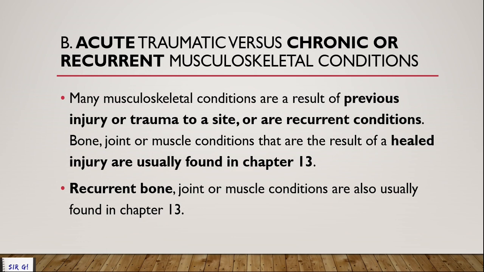Next, letter B of your chapter 13. Guys, this is a common question in the exam. If there's a fracture, remember there are two different reasons why the patient may suffer a fracture. Okay?